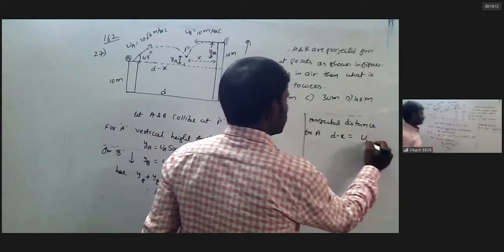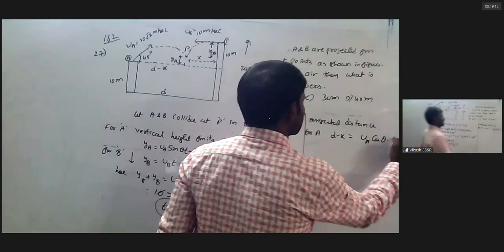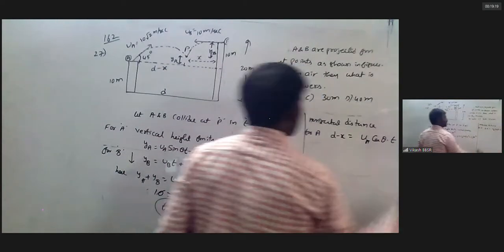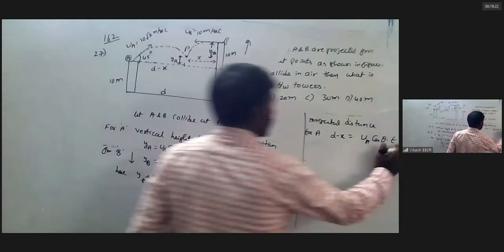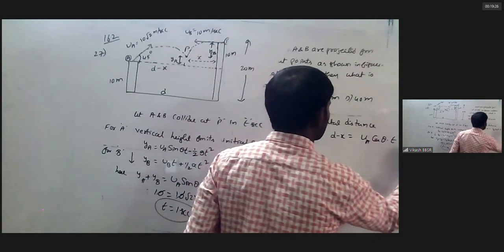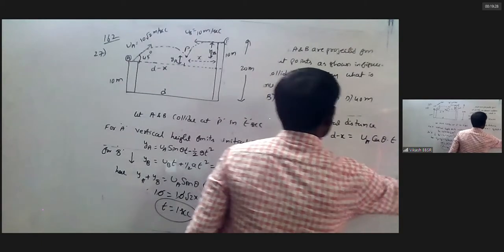And uA is 10 root 2, so this equals 10 meters. 10 root 2 into 1 by root 2 into 1 is 10 meters. So for B, how much?